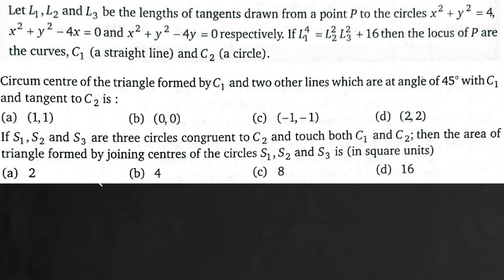Now here the question is, let L1, L2 and L3 be the lengths of tangents drawn from the point P to the circles respectively, and if we are given L1 to the power 4 equals L2 L3 square plus 16, then the locus of P are the curves C1, which is a straight line, and C2, which is a circle. So first we'll simplify this.